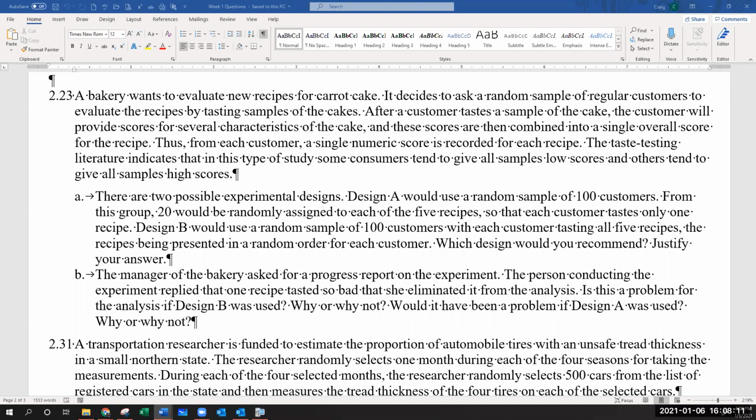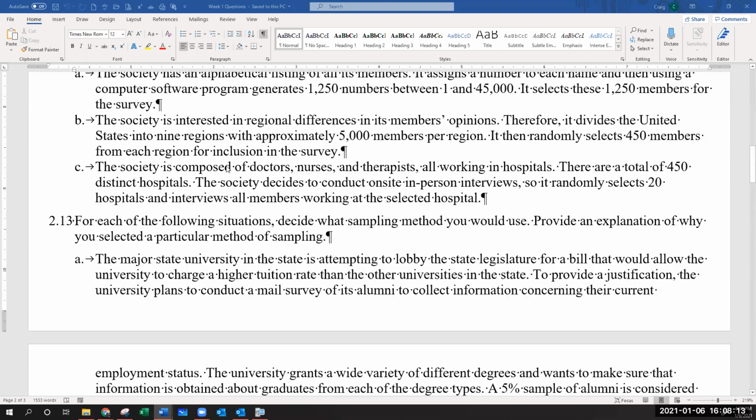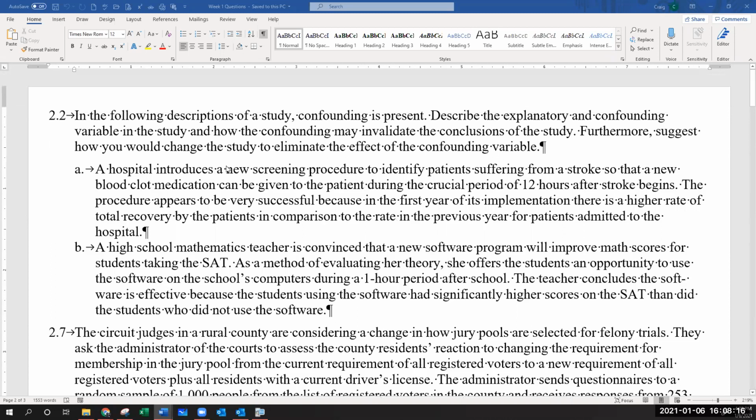What about the first one? How are we doing on A? Who wants to take a guess at what the explanatory variable is for A? This is Cecily Jackson. I said that the explanatory variable was the stroke treatment administered within the 12 hours after the stroke begins. Okay.